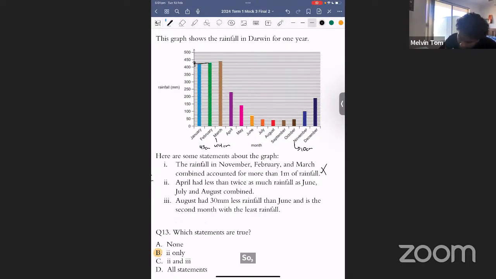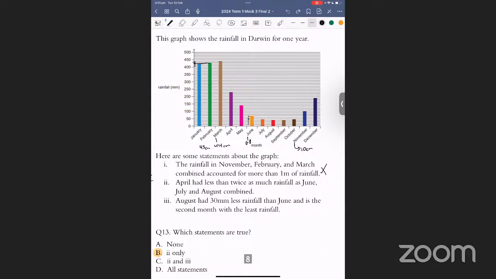So June, how much rainfall did we have? 1, 2, 3, 4, 5, 6, 7, 8. That's 80 millimeters, so it's 8 centimeters.